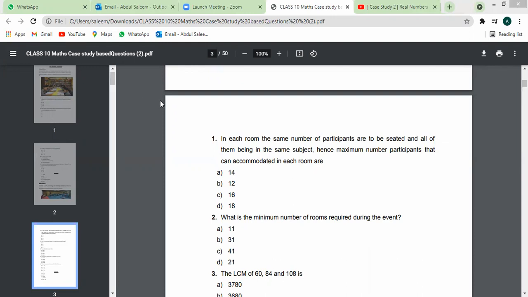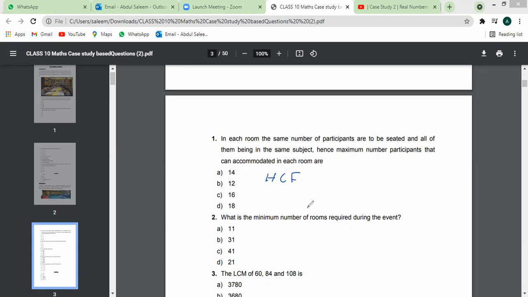We want to find the maximum number, which means we want to find the highest common factor.